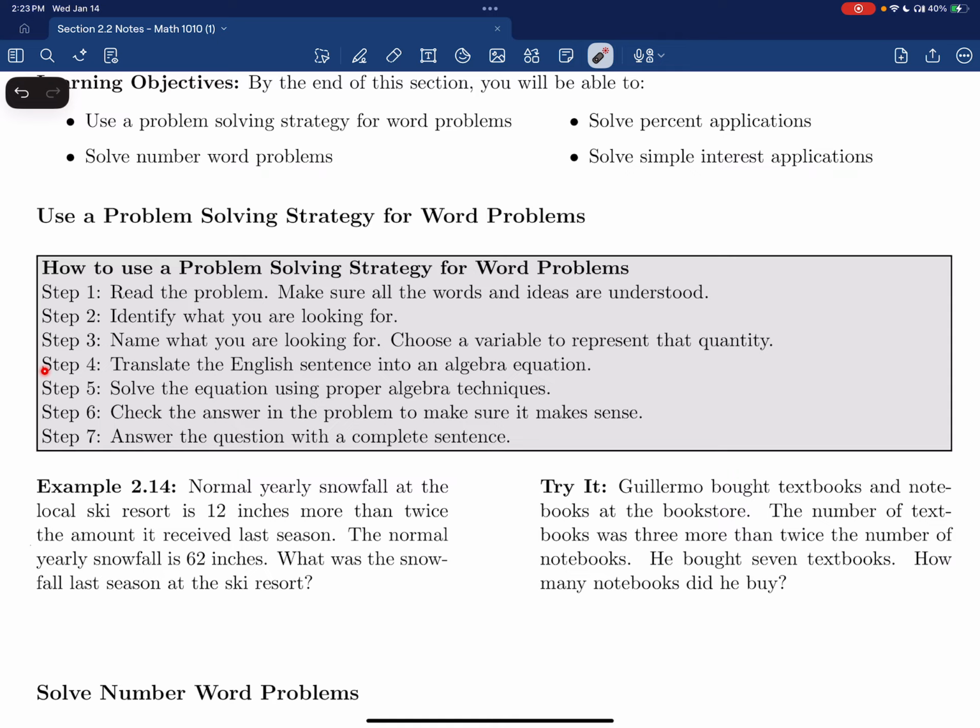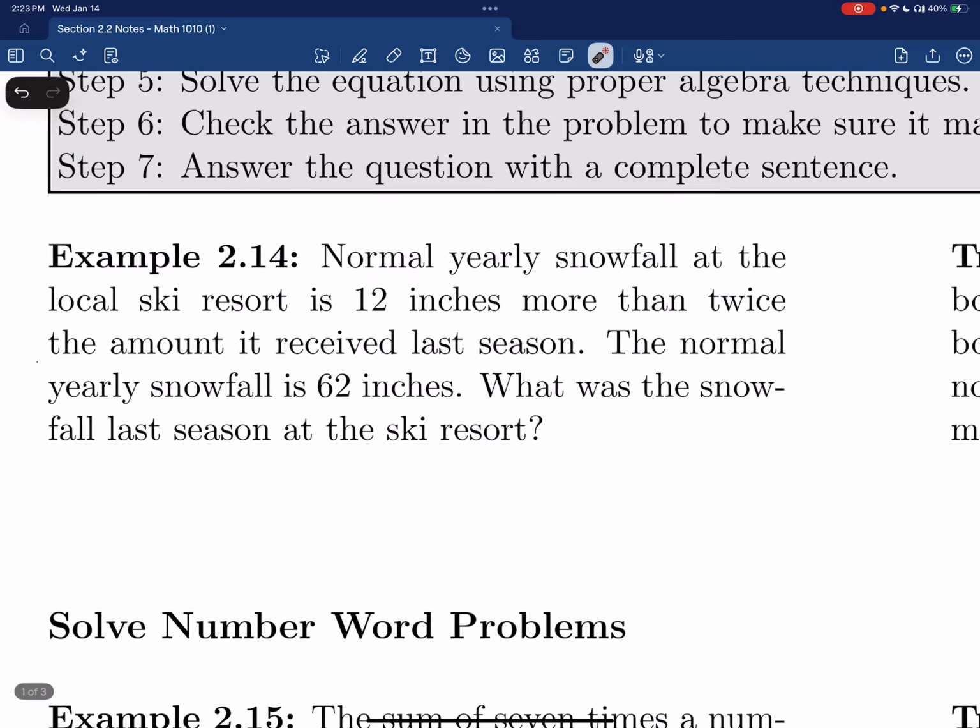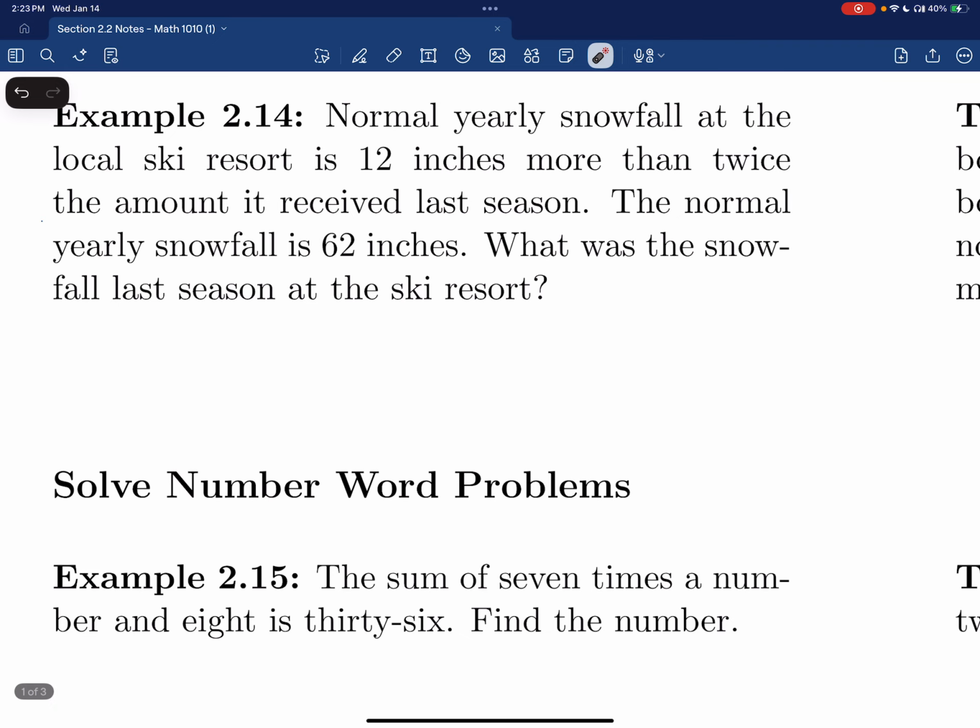Step 4, translate the English sentence into an algebraic equation. Step 5, solve the equation using proper algebra techniques. Step 6, check the answer in the word problem to make sure it makes sense. And step 7, answer the question with a complete sentence. We will go through a lot of word problems for you to consider, and I will talk you through them.